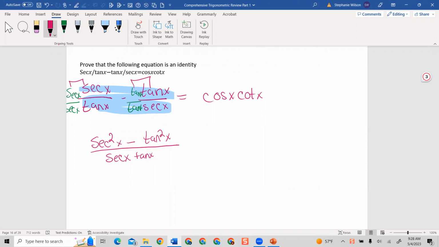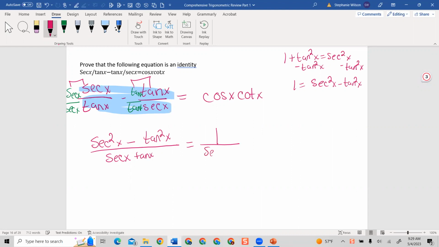We go back to that identity of 1 plus tangent squared x is equal to secant squared x. Well, if I subtract the tangent squared from both sides, I'm going to have it all equal to 1. So I got 1 is equal to secant squared x minus tangent squared x. That means my numerator here is 1, right?